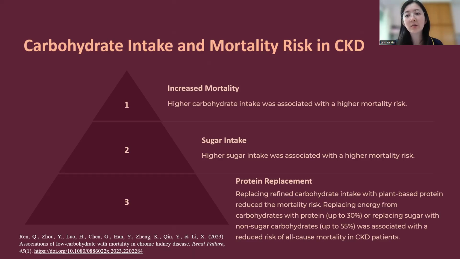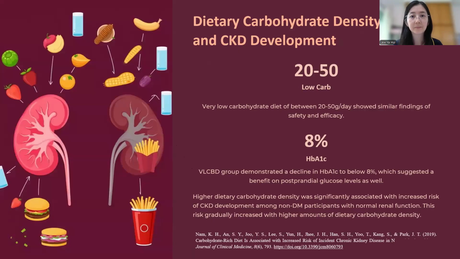The research also found that replacing carbohydrate intake with protein, including animal and plant, polyunsaturated fat, a good fat, and plant fat reduces the mortality rate. Similarly, replacing sugar intake with non-sugar carbohydrates, protein, polyunsaturated fat, and plant fat can reduce the mortality risk.